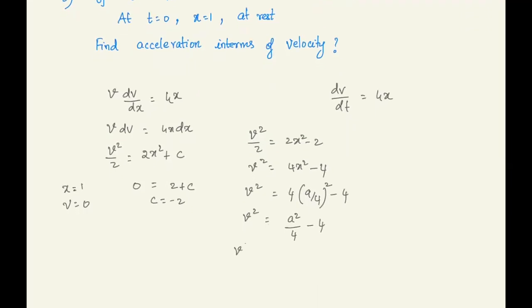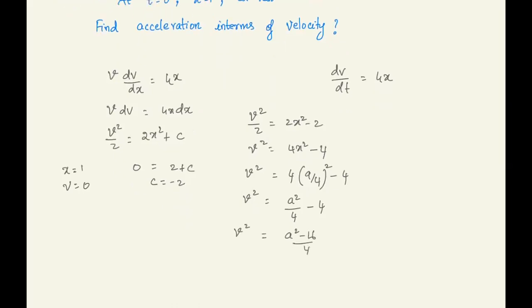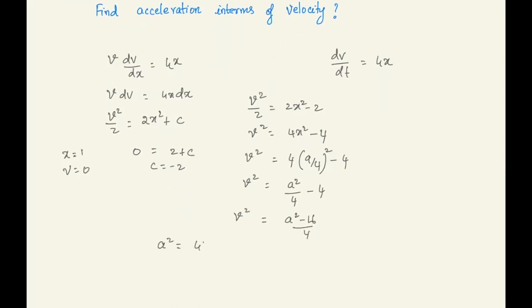So we'll have v square equal to a square minus 16 by 4, or a square equal to 4v square plus 16, or we'll get a equal to the square root of this. We can write it as 2 times root of v square plus 4. That is going to be the av relationship.